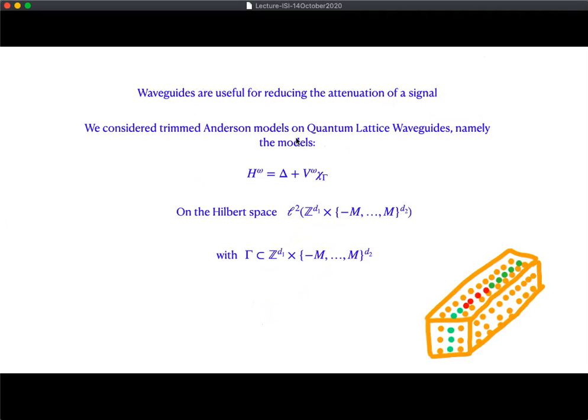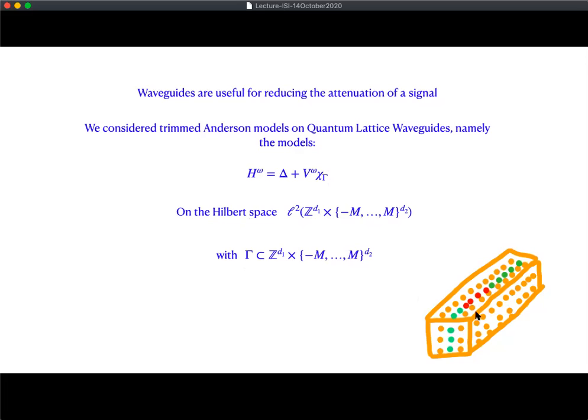So we consider the trimmed Anderson model on quantum lattice waveguides, namely, we look at this model where gamma is a subset of the lattice on the Hilbert space, which is Z^d1, and then some finite, in some directions, the number of atoms is finite in that direction, raised to d2. So gamma is a subset of this. Our trimmed Anderson model looks something like this.